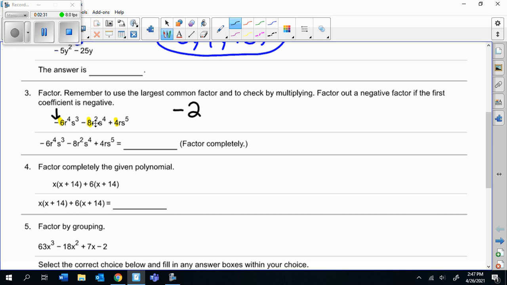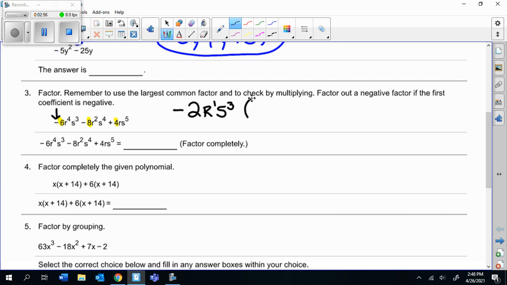R to the fourth, R squared, and R to the first. So you have to choose the smallest exponent that you see in all of the factors. S to the 3, S to the 4th, S to the 5th. I see S to the 3rd as being the smallest one. And I can only pull those variables out because they're in all 3 terms. I hope that makes sense.